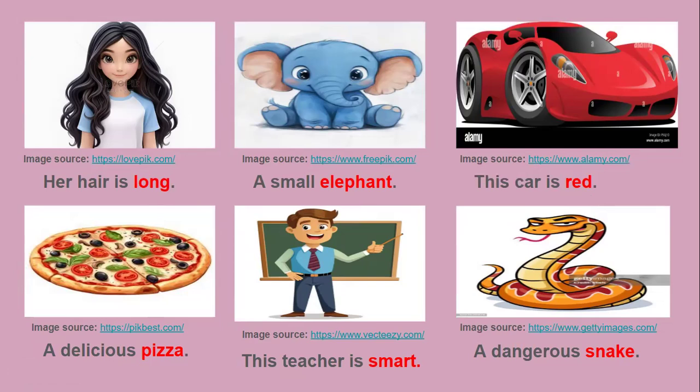I just wanted you to note that it doesn't mean that when the word is red, then it is an adjective automatically. No, I just want you to be able to identify the right adjective and the right noun. All right. So now you know the most common types of adjectives. We can move to the next part.